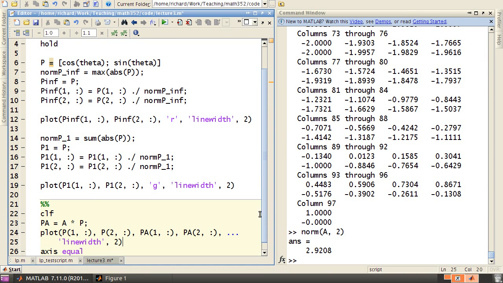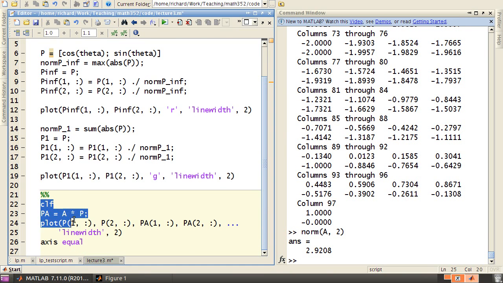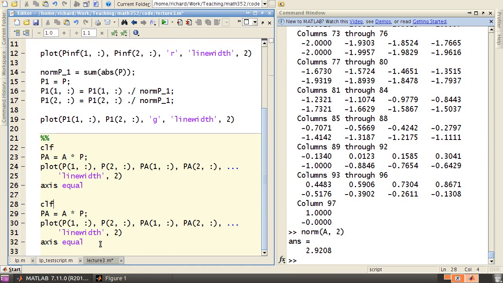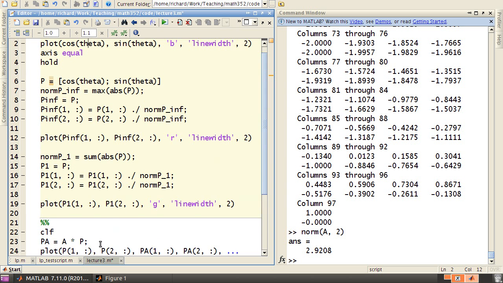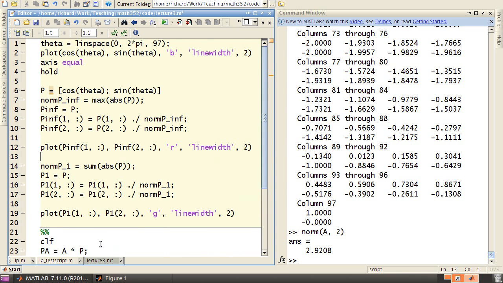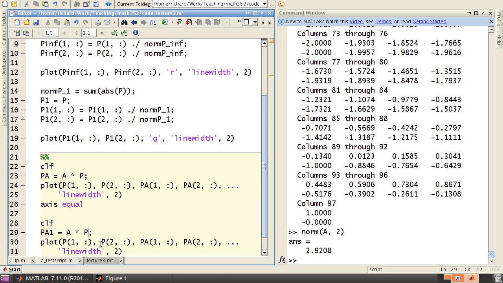Now I can do the same thing for my 1 norm. I'll call this one PA1. What did I call my points? Can't remember now. P1, yeah, that's sensible. A times P1. So I'll call these ones P1, and we'll do this one.